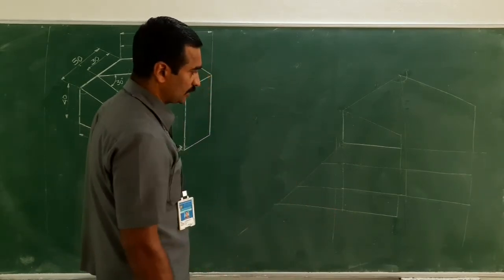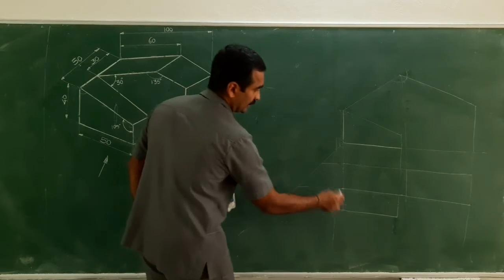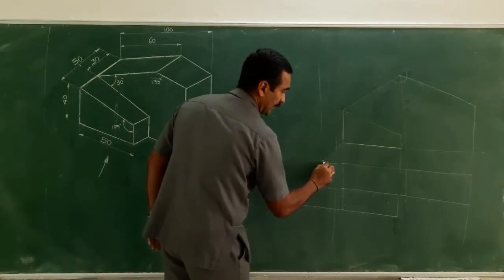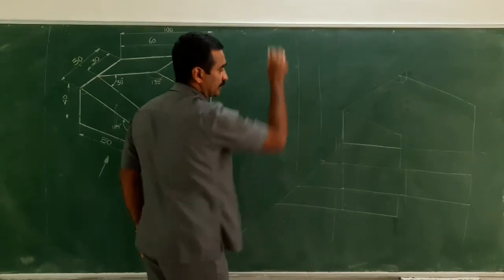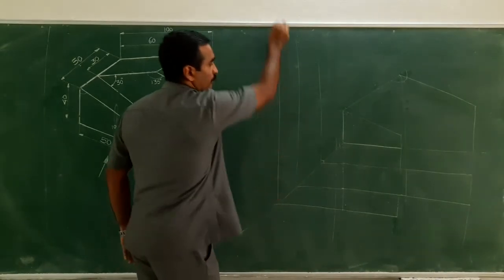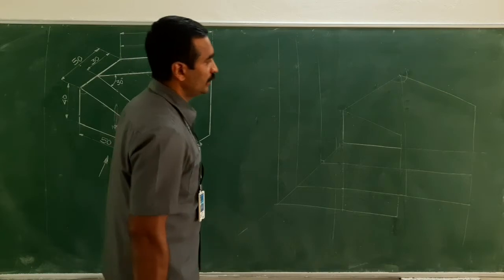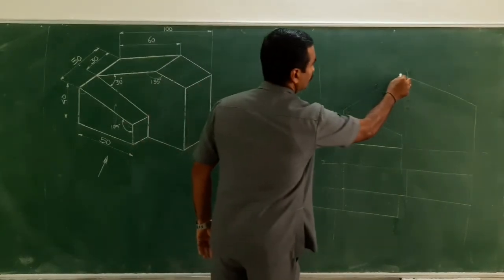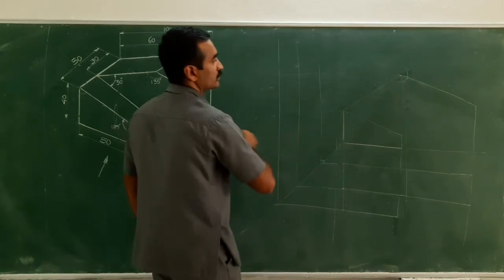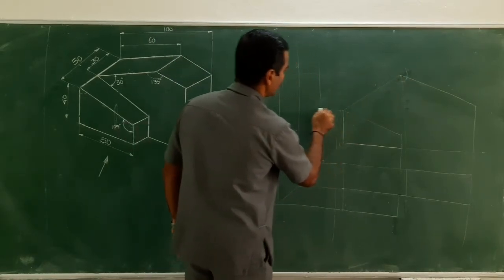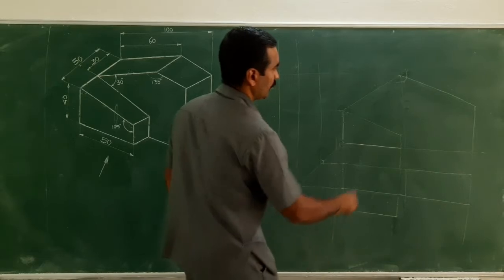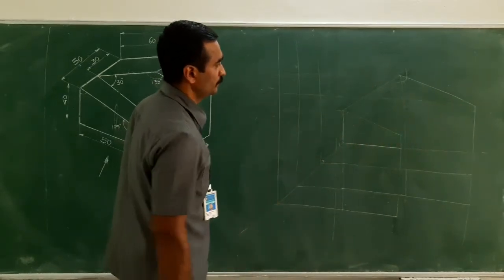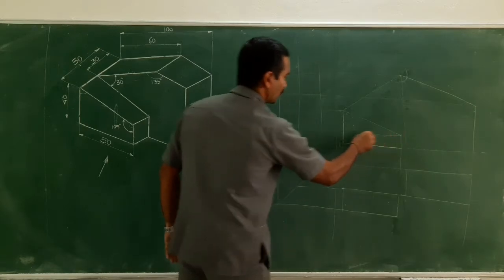Extend all the visible edges here. Now extend vertically so that you will get 90 degree here. Project it vertically. Now extend all the lines from the front view. It should be a thin line, right? And one more, and one more.